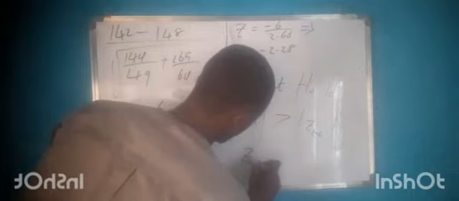So at alpha level of significance, our Z tab, we got from our Z table.